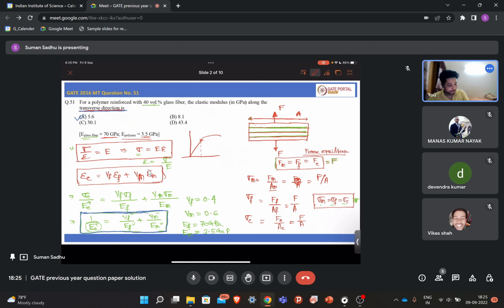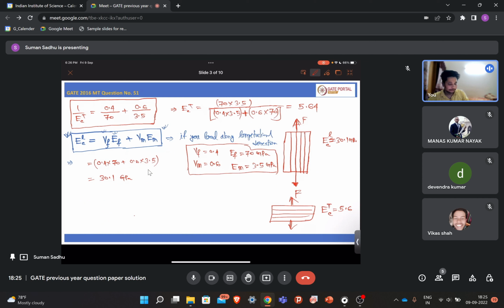So you can see that with the same composite, if you load in the other direction, your elastic modulus is different. That means this composite is not isotropic in all directions. If you load in the longitudinal direction, you will get higher elastic modulus. If you load along the transverse direction, then you will get lower elastic modulus, right?